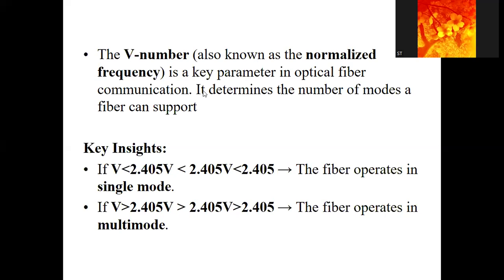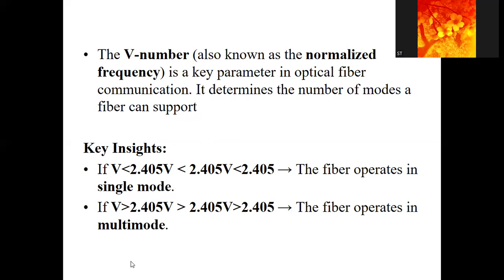If the V number lies in between these values, then the fiber operates in single mode, and if it belongs to this category, then it operates in multi-mode. So why have we discussed the V number?